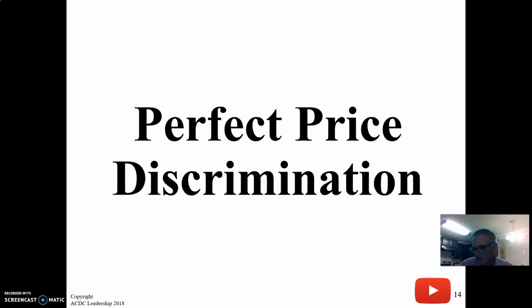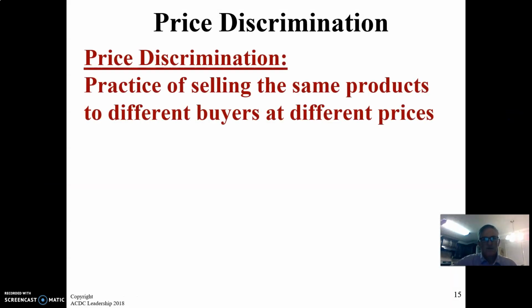I think you guys are probably vocab literate enough to know what price discrimination means. I'm going to show you on the econ side what it means, and look at a couple of graphs and then be done. But let us first talk about a couple definitions.